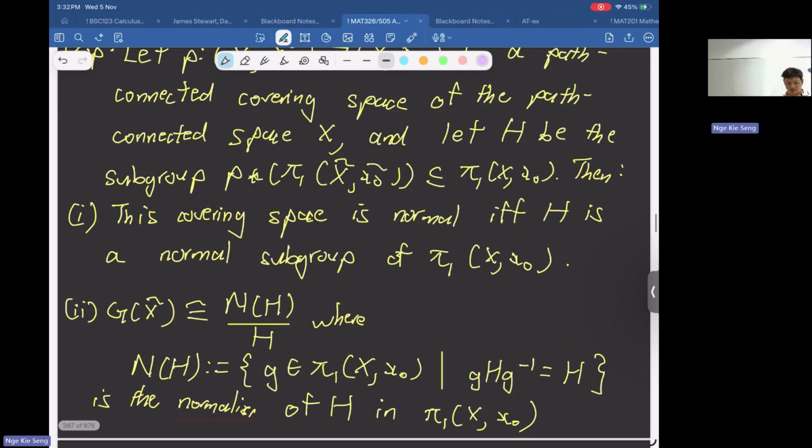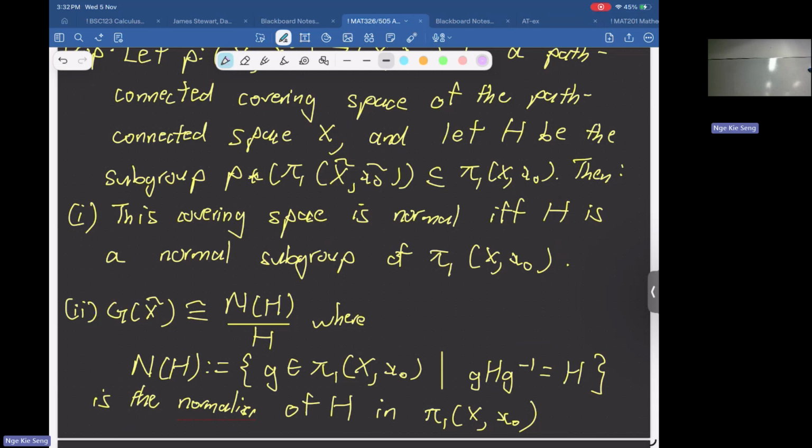So what do you see here? H is something inside pi1 of x tilde, and H is also something inside pi1 of x. So your deck transformation of x tilde is really coming from the pi1 of x.